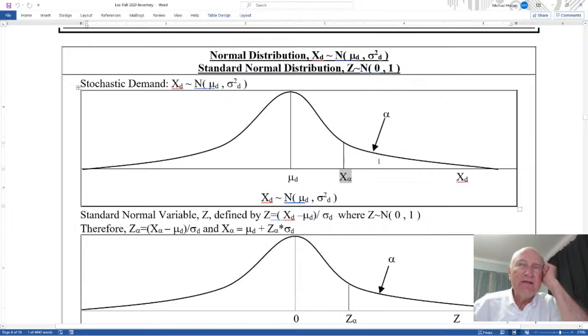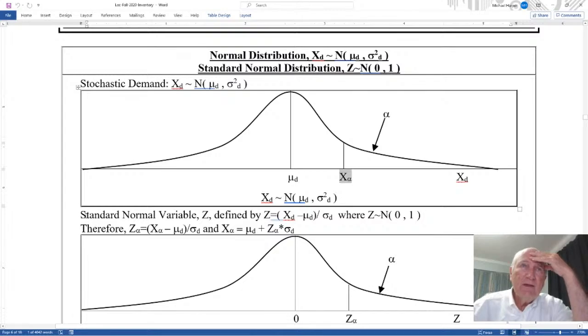Now the area is the area under the curve. So the area under the curve is the probability. And this is called the tail of the distribution. So when the probability in the tail is alpha, and that's the subscript, then the variate is the point on the line such that the probability in the tail is alpha. So that's pretty much classic on how it's stated.